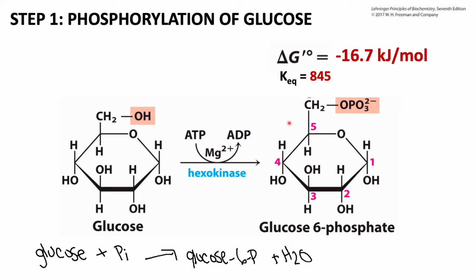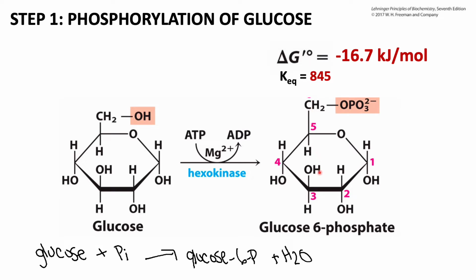Now, what's important to note here is that the delta G is negative 16.7, meaning this is an exergonic process. And our KEQ is very large, and since it's very large, it means that the products are favored. But if we were to look at this reaction in isolation, if we were to just look at glucose to glucose 6-phosphate, this would not be an exergonic process.